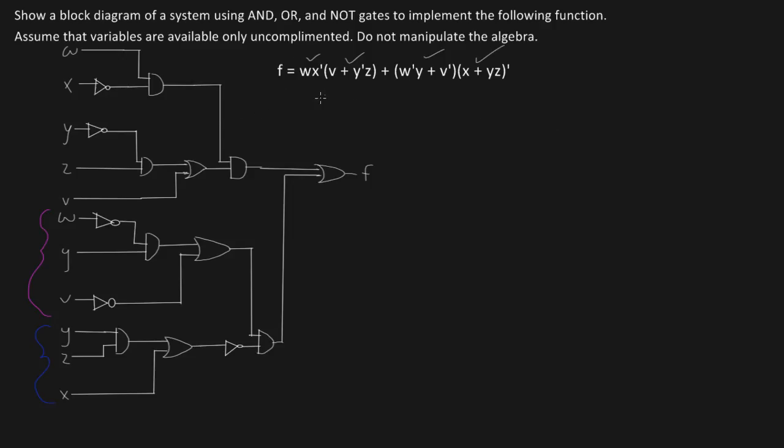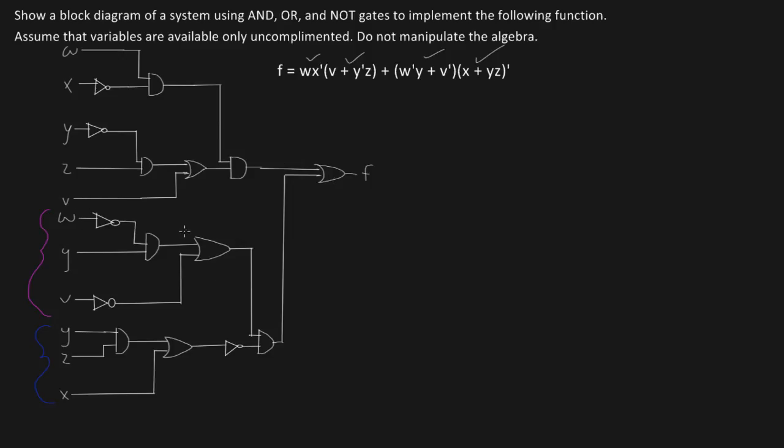You can go back and check the work here. We've got the W, the X naught, the Y naught ANDed with Z, the V ORed with the Y and the Z there, all that ANDed together. That takes care of this side. ORed with the other side.